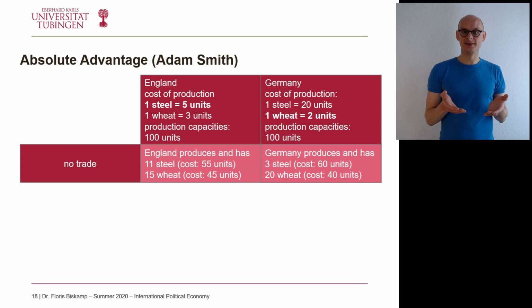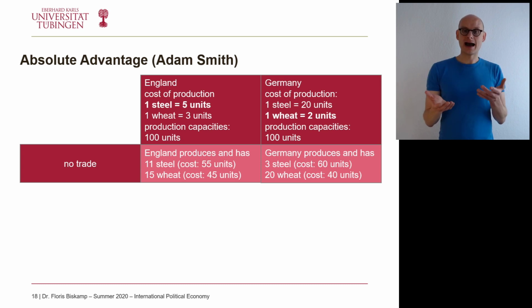So let's say they do not trade. What will these societies produce and what will they end up with? Let's start with England. Let's say England produces 11 steel because they are quite good at producing steel and can do this inexpensively, and they will only invest 55 units of production capacity for these 11 units, and they still have 45 units of capacity left to produce 15 wheat.